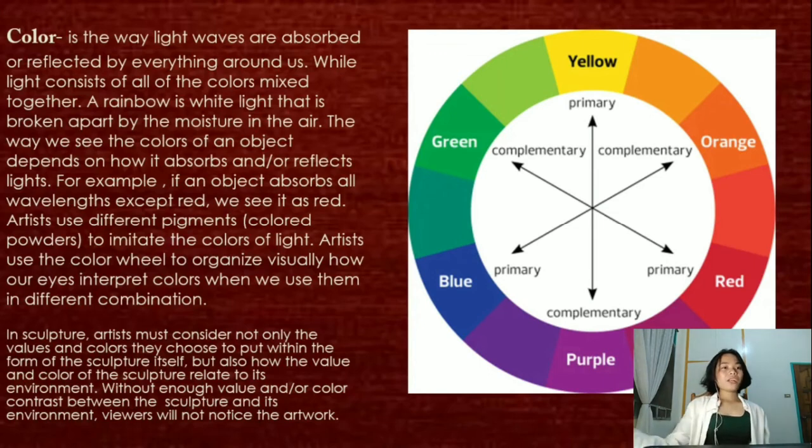So artists use the color wheel to organize visually how our eyes interpret colors when we use them in different combination. So ana, labi na kanang sa mga hawd og painting, di ba? Makita nato sila na hawd kay sila mag-combine og color. Para tayo daghan na kay color na ginab-combine nila. Abi na to kanang pangit ang kalabasan. Pero pag combine na di pag human og combine, hindot ang kalabasan sa color na mahimo nila kay labi na sa mga artist.